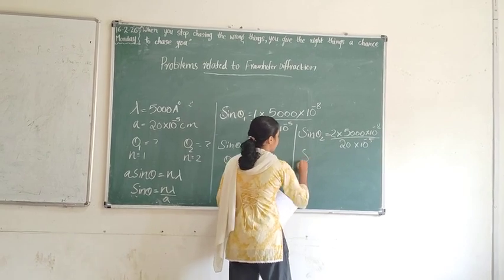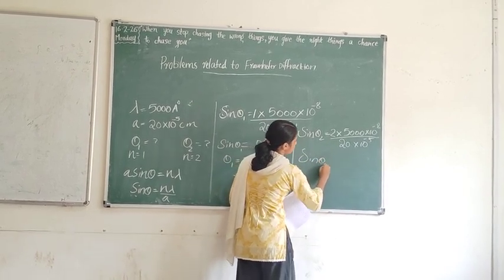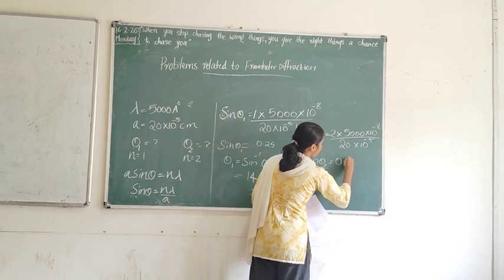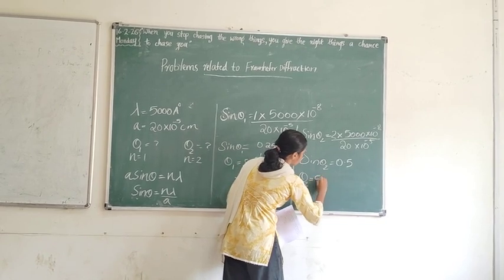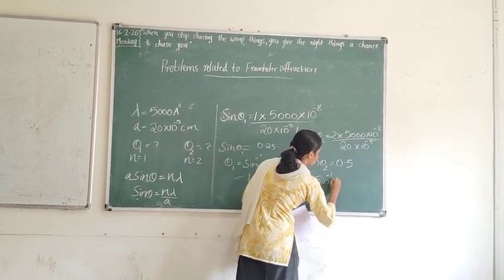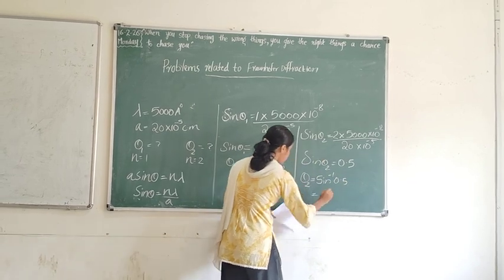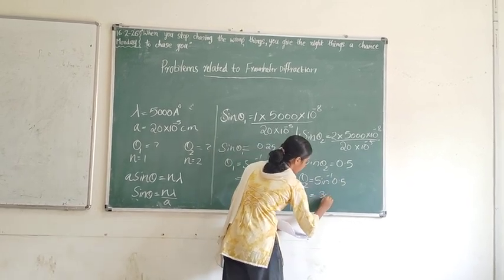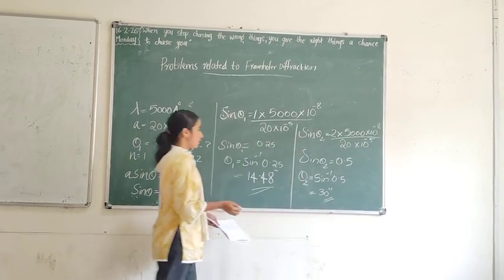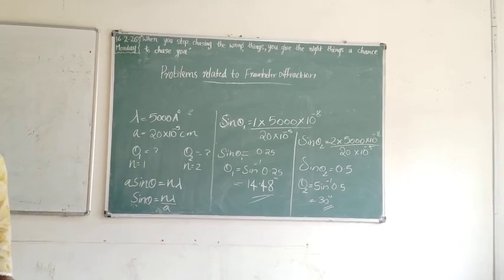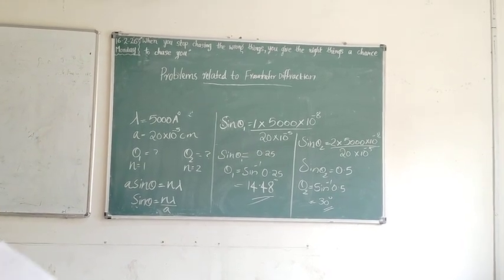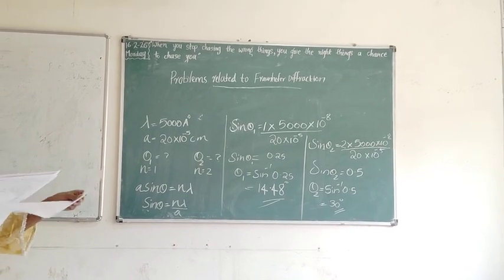Here we got sin theta 2 is equal to 0.5. Then theta 2 is equal to sin inverse of 0.5, that is 30 degree. Okay? Clear? So now we are moving to the next problem.